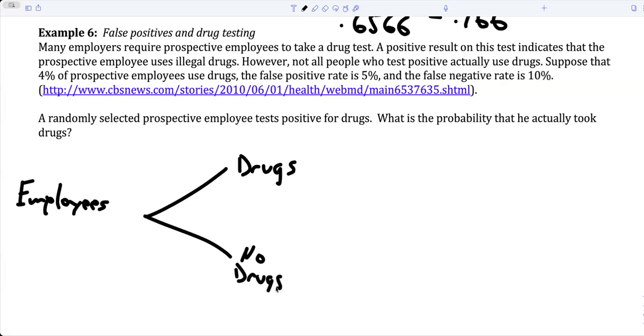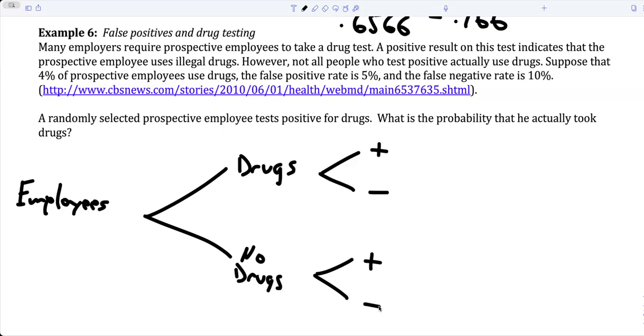And so if they are tested, they can get a positive result or a negative result. And same thing right here. So it says, do employees and positive and then drugs. No, it's gotta be this first. Okay.